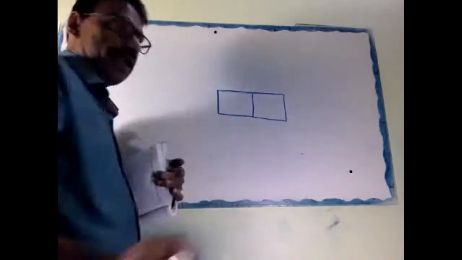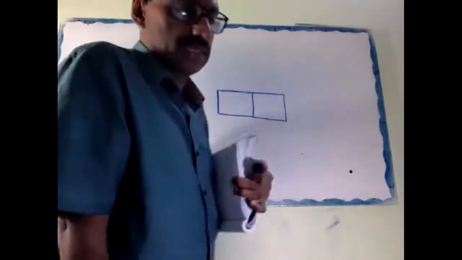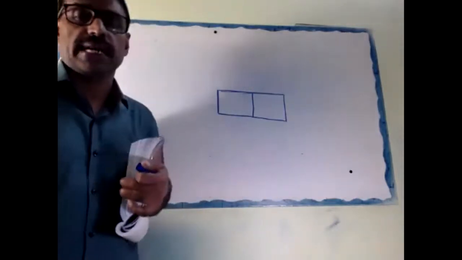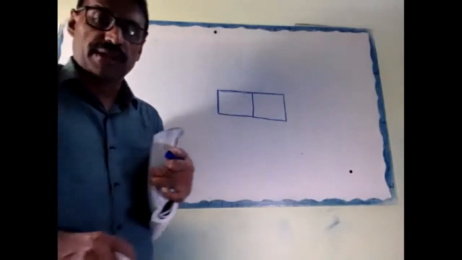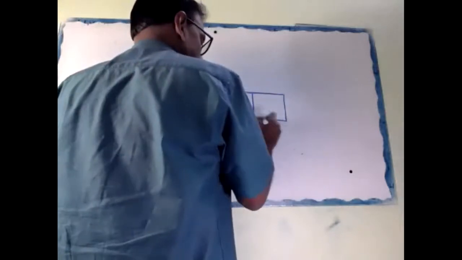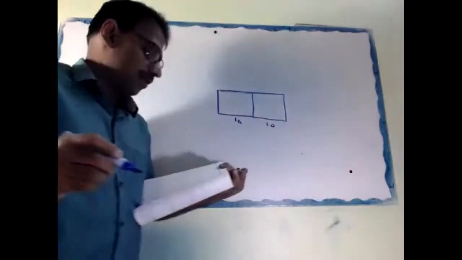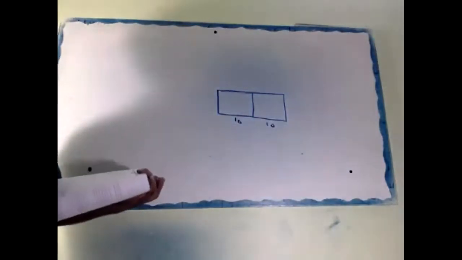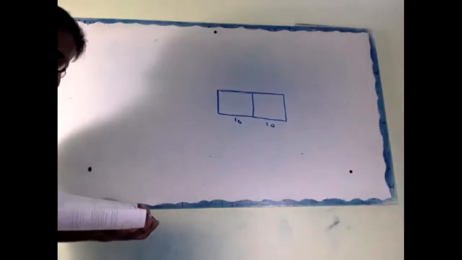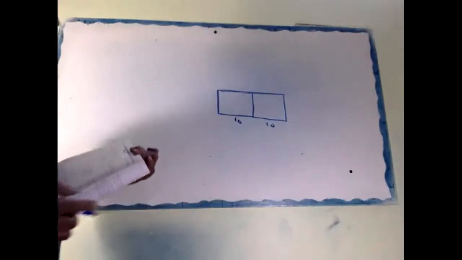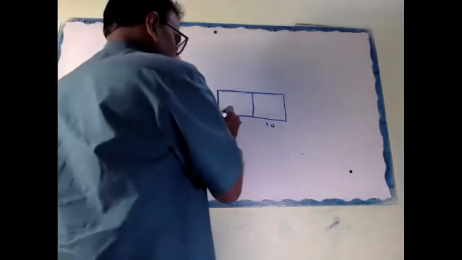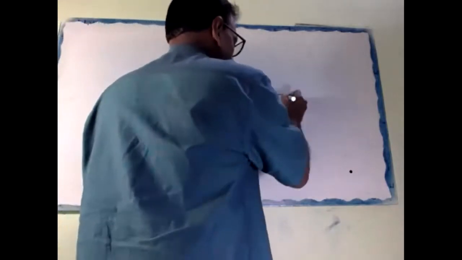Okay, it's not a radar question. Radar last, after finishing the extra questions, we'll take the radar one day. Okay. Here, this is 10, this is 10. Find the surface area of the resulting cuboid.